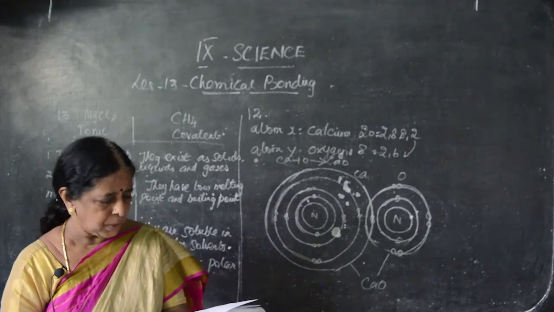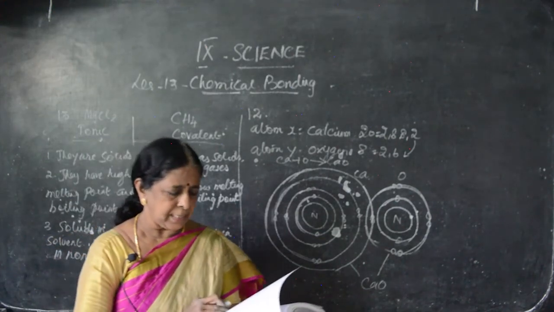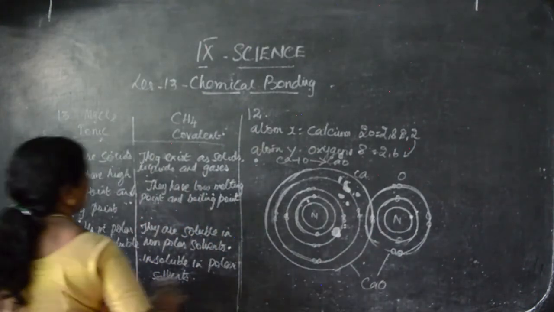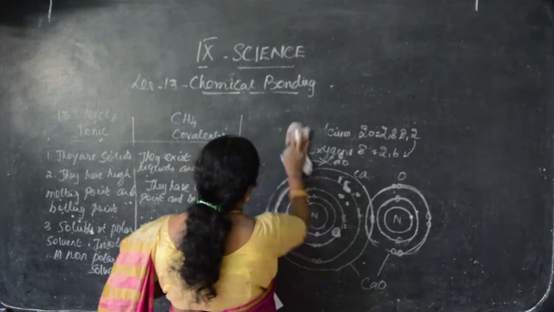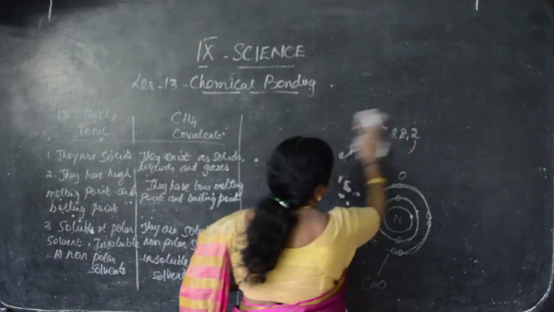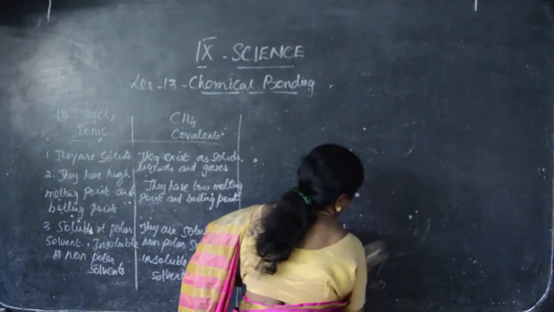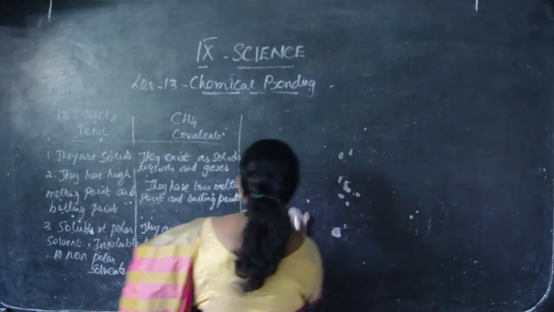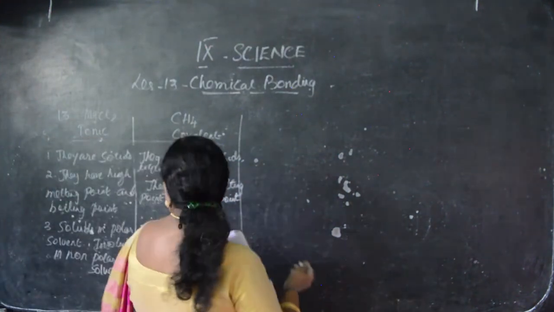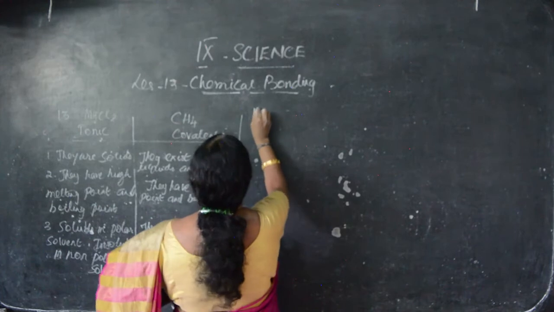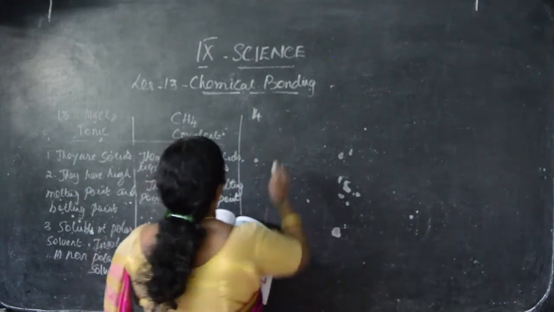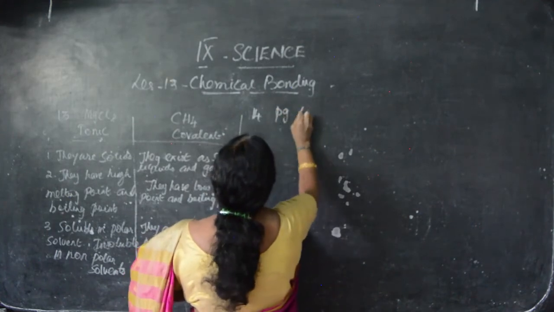Then 14th question now. Why are noble gases inert in nature? It's on page number 149.